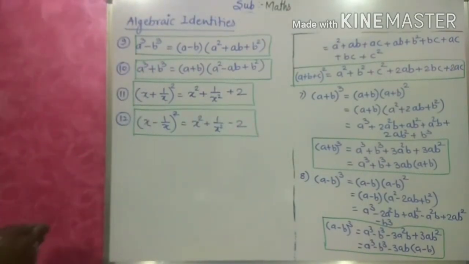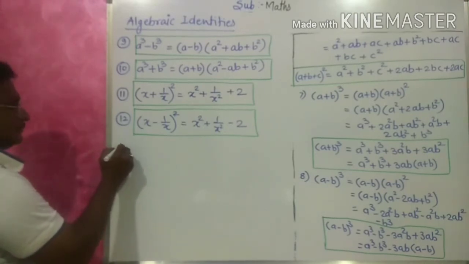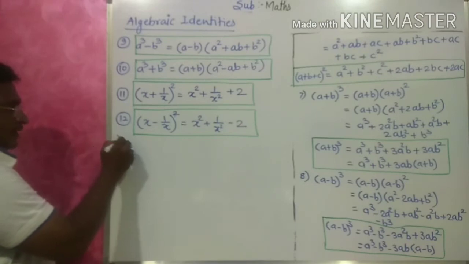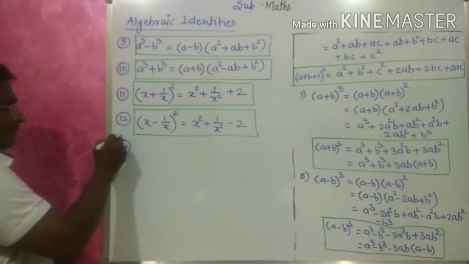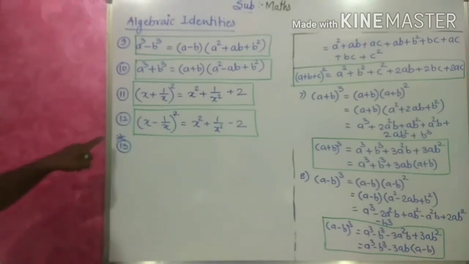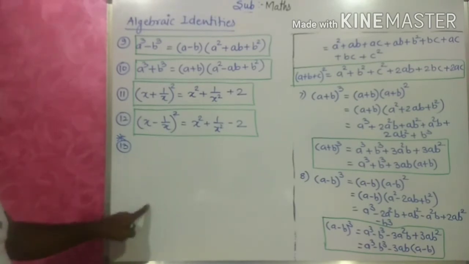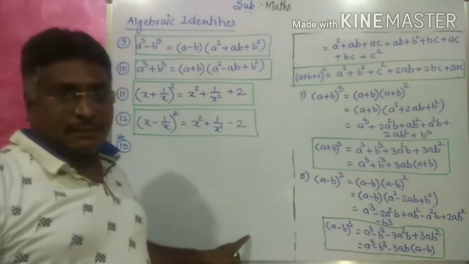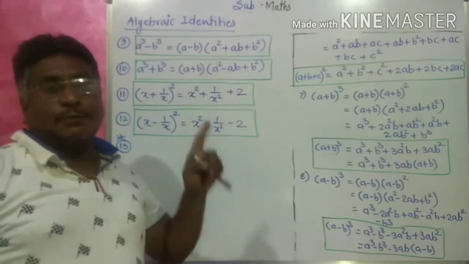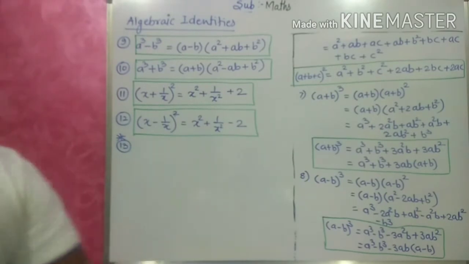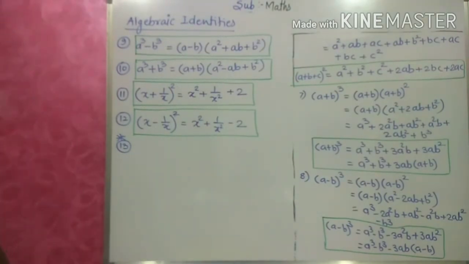Okay student, now 13. This identity from 13 is not coming in the exam. From the 13th onwards, whatever identity I am giving will not come in the exam. It is deleted from the syllabus. So what is that identity?